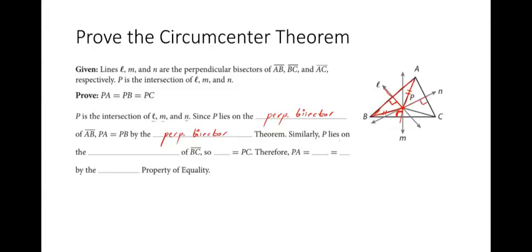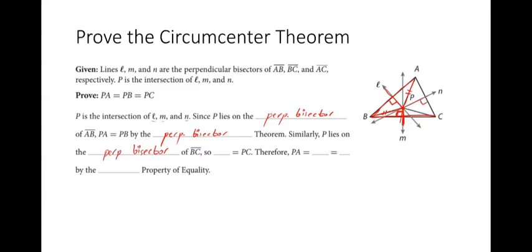Now, similarly, P lies on the perpendicular bisector of BC. And again, here's BC, all right? And then we know that P lies on the perpendicular bisector, which is this guy right here, BC.